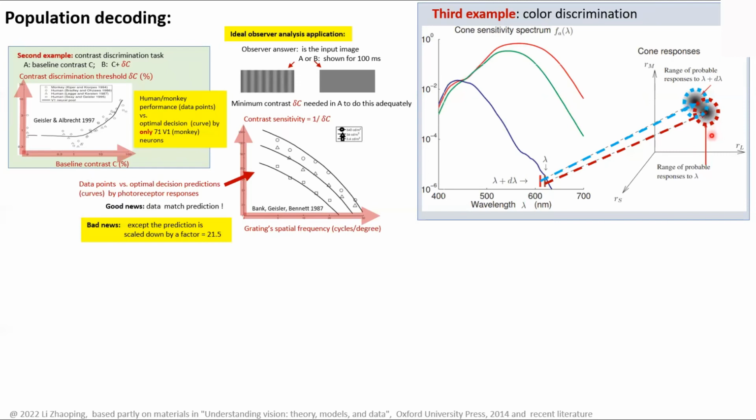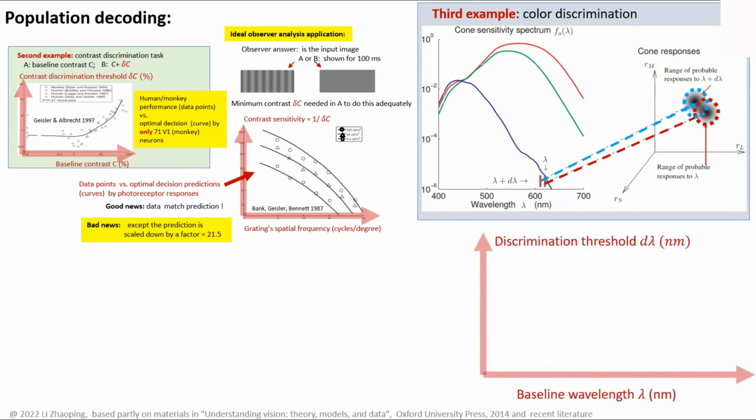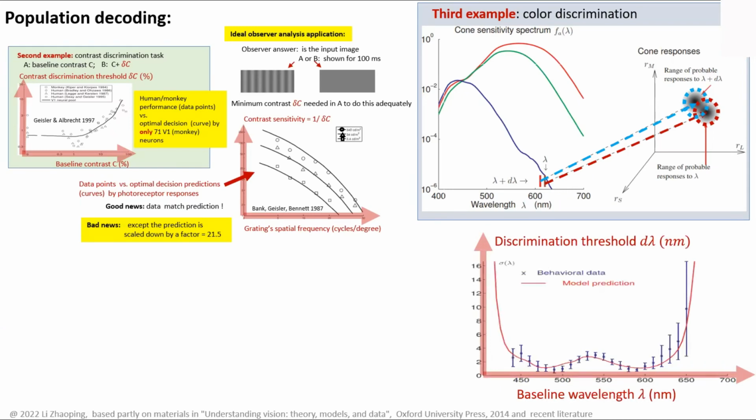Then you ask whether the responses in the three-dimensional space, RGB, which we usually call SML, are separate enough to say they're different, otherwise they're not different. So what's the minimum d lambda threshold necessary? You can do exactly the same Bayesian decoding, and you find that the model prediction and the data match, except again you have to scale by a free-fitting parameter.